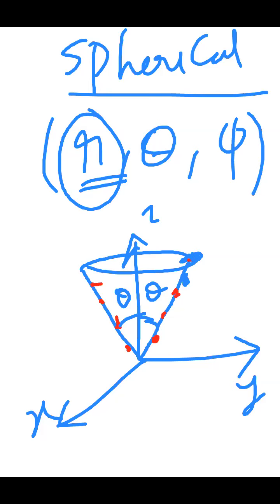Again, imagine yourself, you choose some point on the cone surface, the lateral surface, and you try to measure the angle between that point and the z-axis. Definitely that will be theta. Are you understanding this concept?